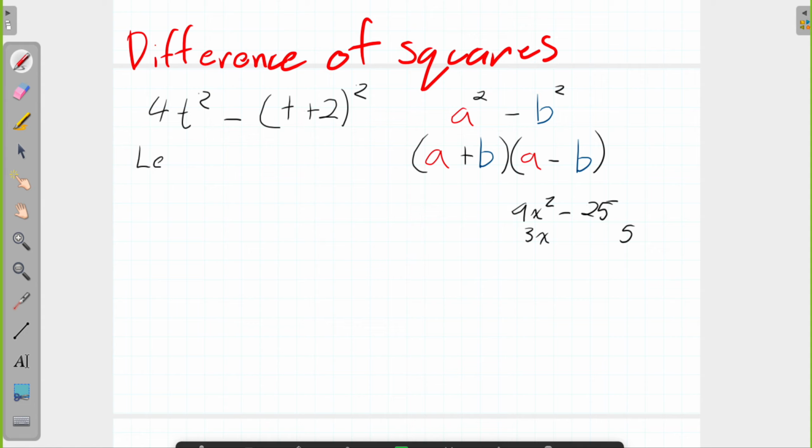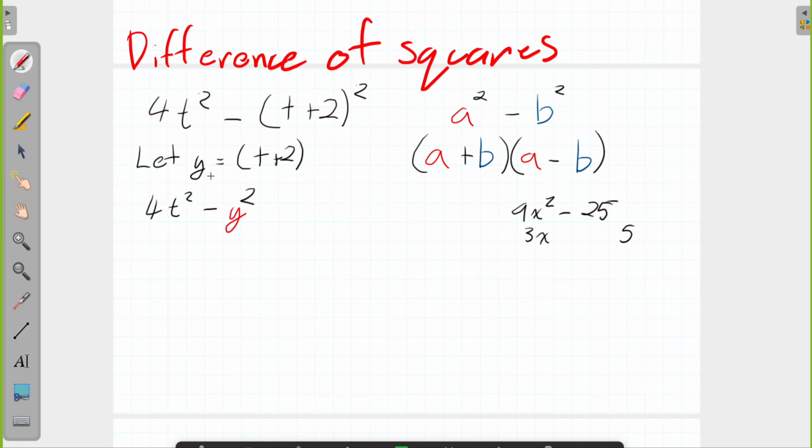So we could say let y equal t plus 2. What that does is it allows us to take the original equation, 4t squared, subtract, and replace t plus 2 with y, and technically it's squared.